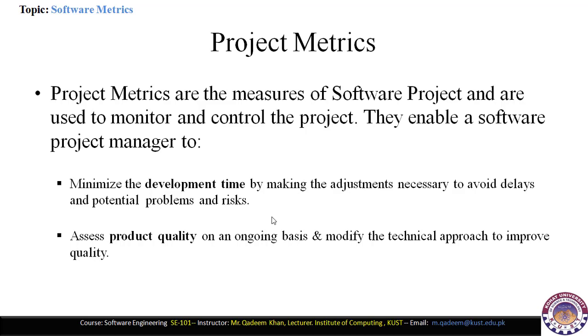Here, the project manager is responsible to assess product quality, and the product quality comprises different quality attributes, which include, for example, efficiency, portability, usability, reliability, understandability, and ethical requirements, etc. So the project manager assesses product quality, and can also modify the technical approaches to improve the quality.